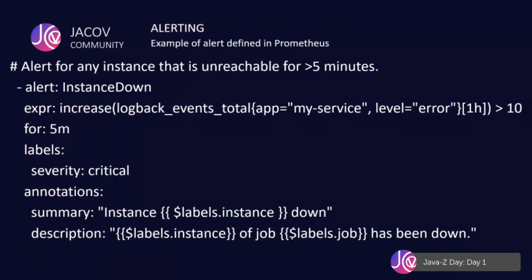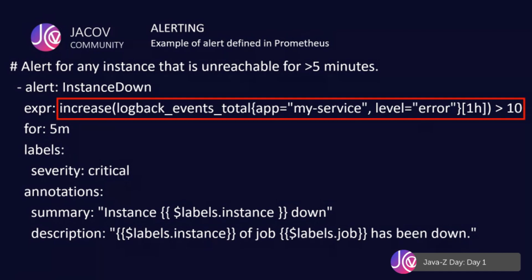Here you can find an example of an alerting rule. Those rules allow us to define a condition based on Prometheus expression language. The labels allow specifying a set of additional data to be attached to the alert.